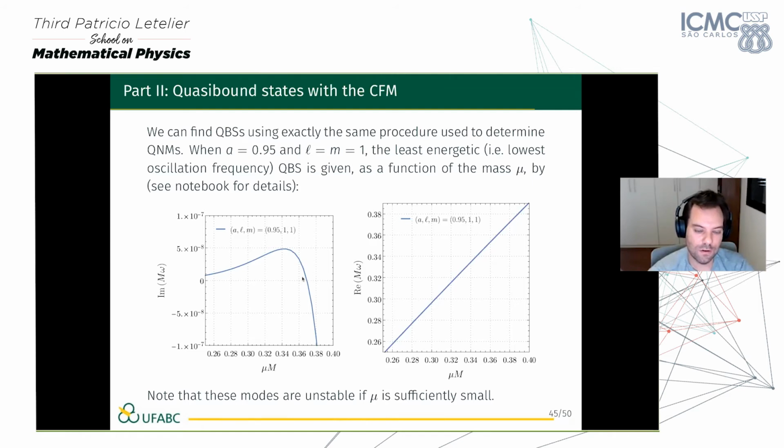So these are the black holes with scalar hair that people talk about now, and there's a lot of research going on recently about these black holes with scalar hair.